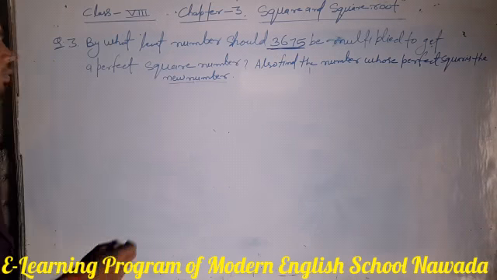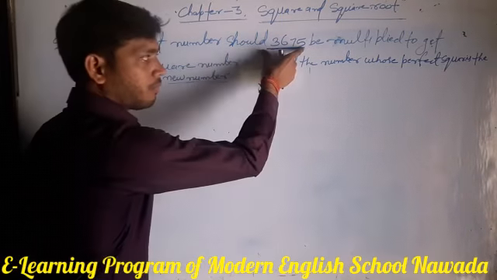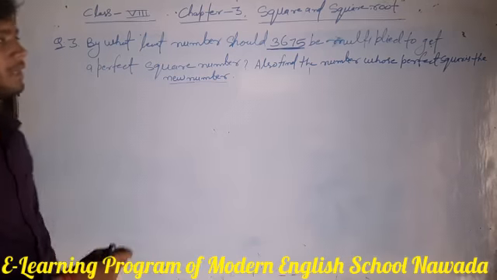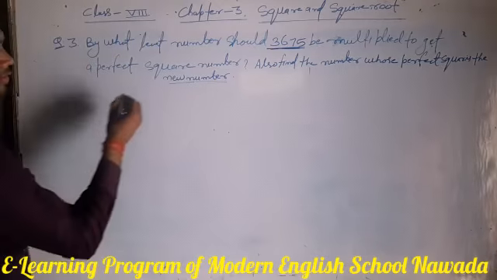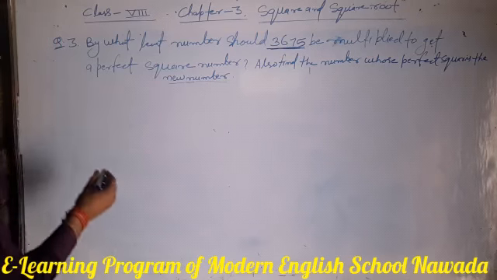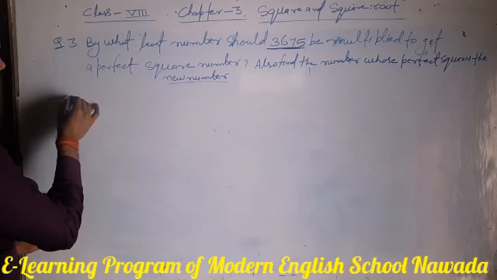Here you have to find the prime factorization. That means it will be written as a product of prime factors. First of all, do its prime factorization.